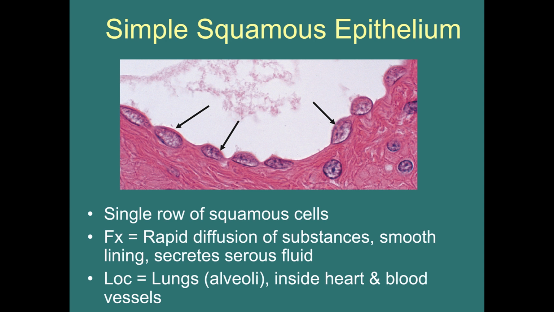Where we'll find this are in our lungs, inside the heart, and inside of our blood vessels, just as a few examples. Now, for weekly tests, you're going to need to be able to identify this tissue based off of its appearance. You're going to need to give us a function of this tissue, and you're going to need to be able to identify a location.